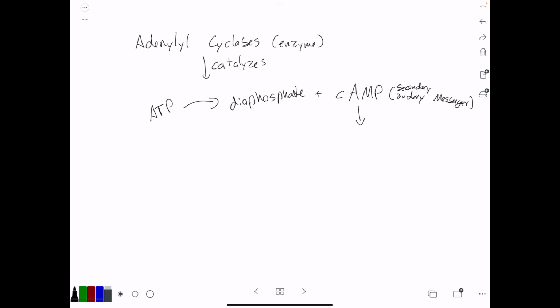So this is very important in the G protein coupled receptor signaling pathway. And adenylyl cyclases are typically, the vast majority of them are transmembrane. So they are in the membrane. Okay, great.